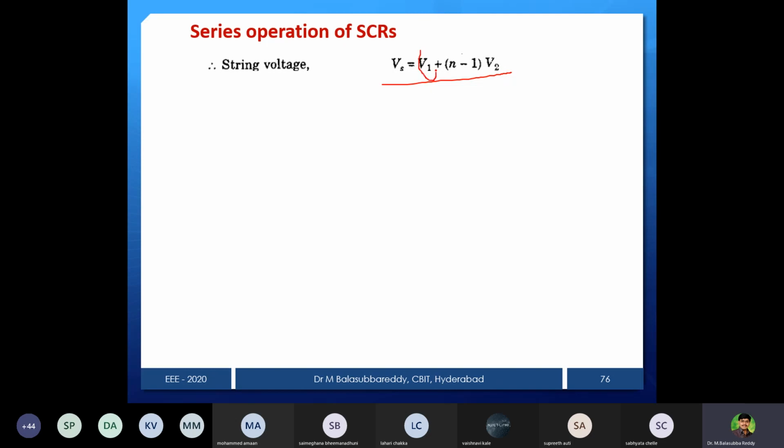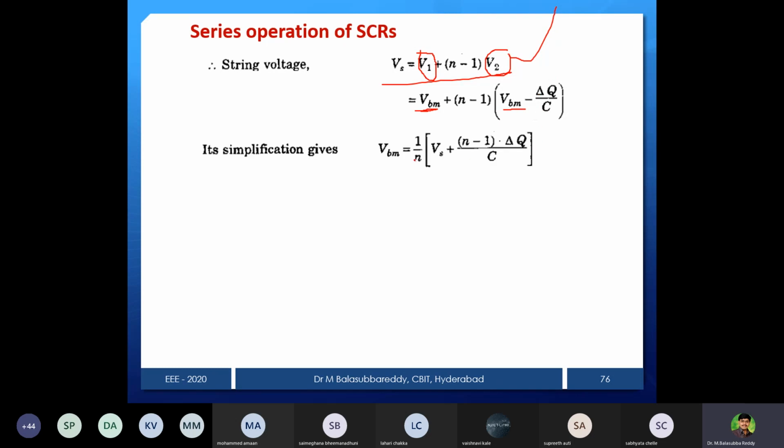V1 is the drop across SCR1, VBM, and n minus 1 times V2, where V2 as per the previous formula is VBM minus delta Q by C. You can simplify that, substitute here, and finally you get the value of capacitance.